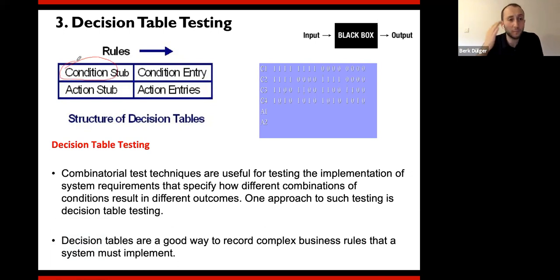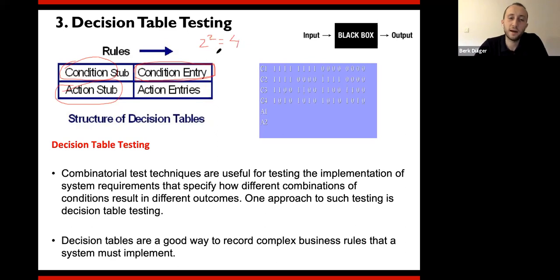You can consider them inputs, and actions, also named outputs, and condition entries, all the possibilities of conditions. If we have 2 conditions for this test, there will be 2 to the power of 2 condition entries. It is 4. There will be 4 test cases displayed on the table.